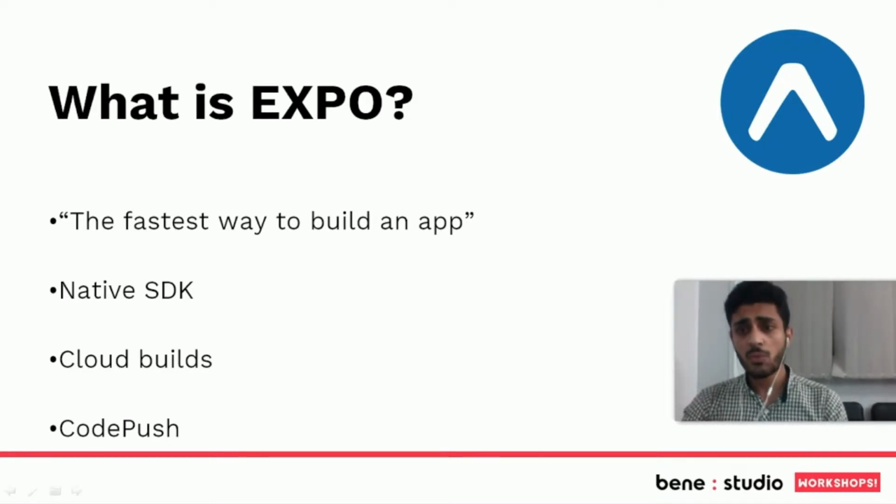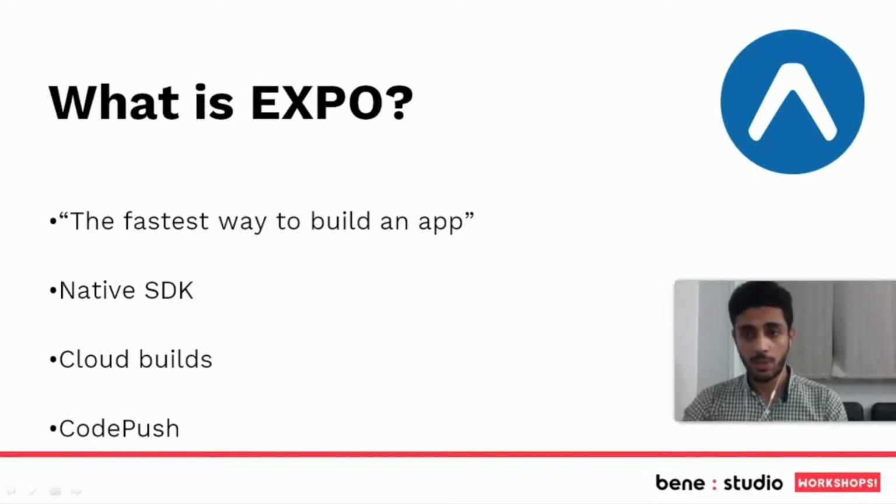That is because Expo gives you a very good head start on building your application. It gives you a native SDK that lets you have almost all features that you can use when you're building a React Native app, like the camera, Firebase, for example, the maps. You can use any feature that you can embed into a React Native application, and it's working right out of the box. Expo also provides you with a cloud-based build service.